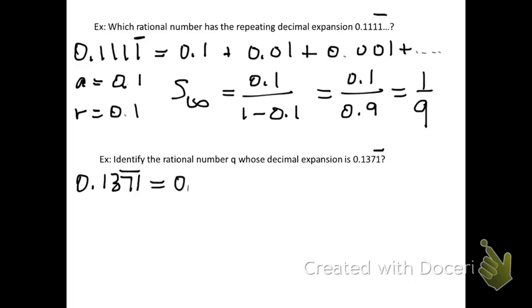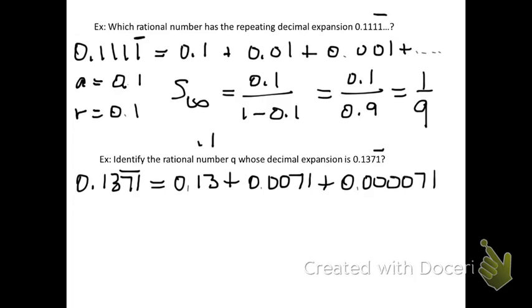We have 0.13 plus, and what we're adding to that is 0.0071, that's the repeating part, plus 0.000071, because it's repeating like this: 0.13717171... and this is continuing on into infinity.